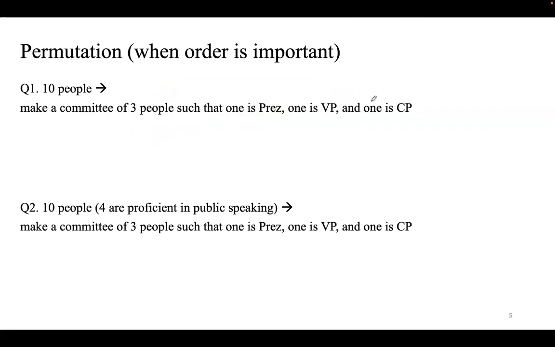Now, permutations come in when the arrangement and the number of arrangements is what you're interested in. When you're talking about the order of things, when 1, 2, 3, 4 is different from 4, 3, 2, 1, different from 2, 3, 4, 1, and so on, then permutation comes.